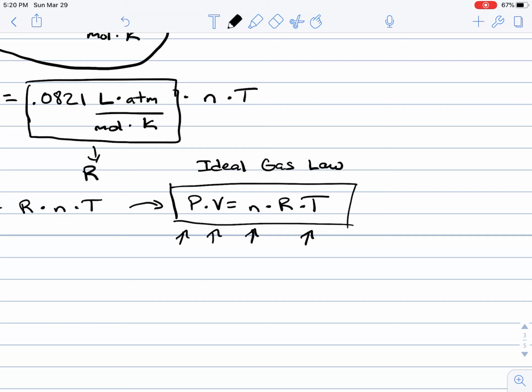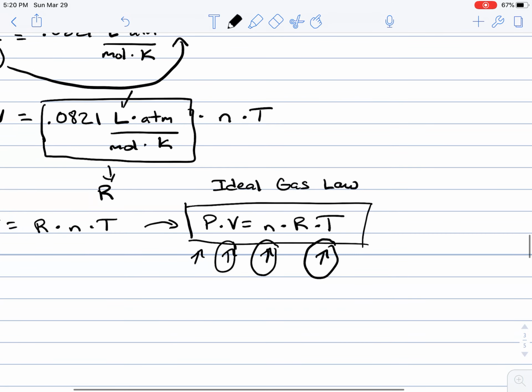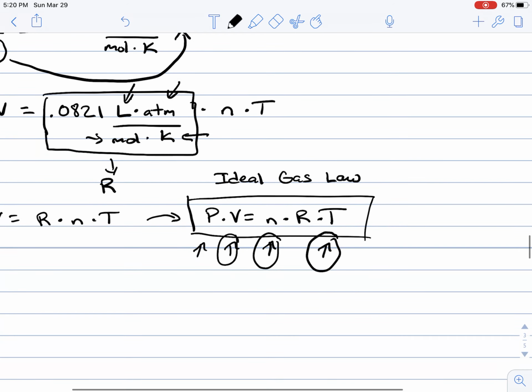So for example, if the problem gave you a value for volume, a value for amount of gas, and a value for temperature, you can convert all of those values into liters, atmospheres, moles, and Kelvin, then plug them into the ideal gas law equation and solve for pressure, for instance. That's one way you can use the ideal gas law in a problem setting.